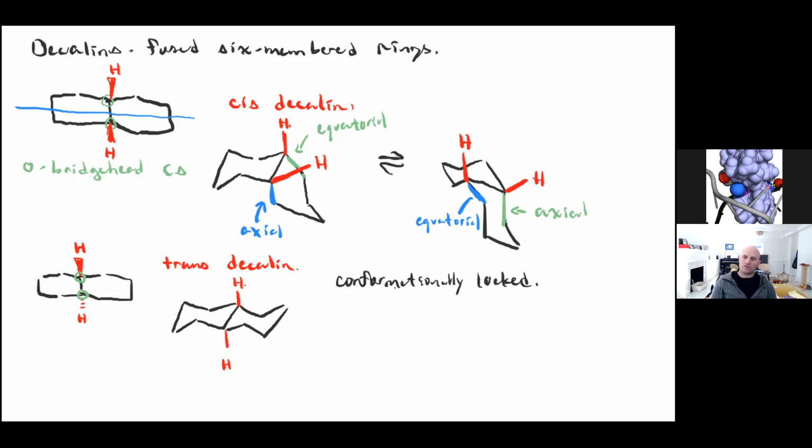Because of the nature of the fusion, you have 2 carbon-carbon bonds in an equatorial orientation here. So these are this guy and this guy. And they're pointing on opposite sides of the left-hand ring. Call this the A ring.